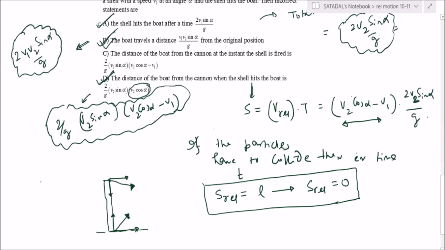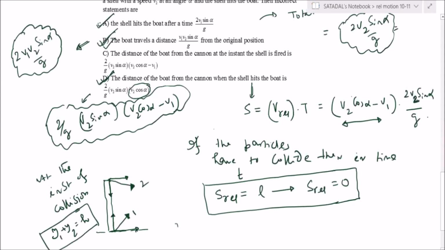So at the instant of collision, y1 plus y2 must be equal to h. That is the first thing. If they collide in midair, and if this is 1 and this is 2, then x1 must be equal to x2. You got it now? Great.